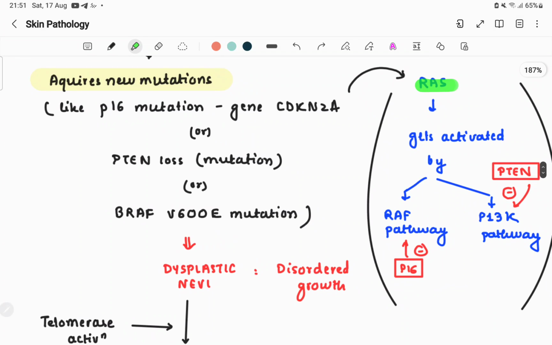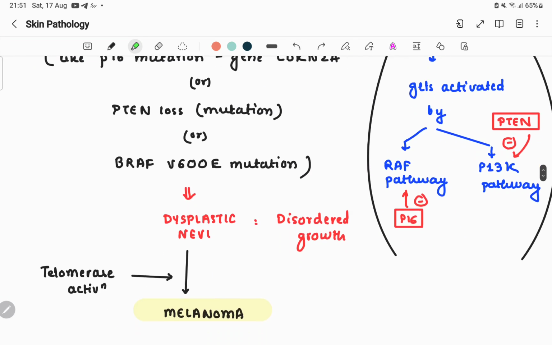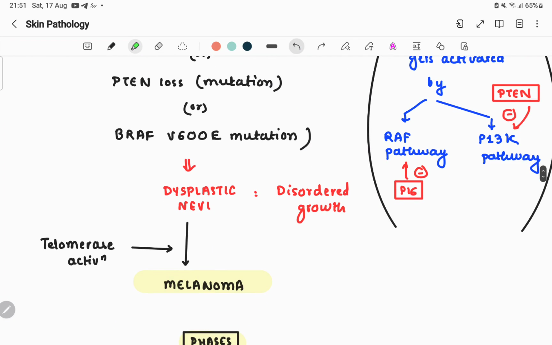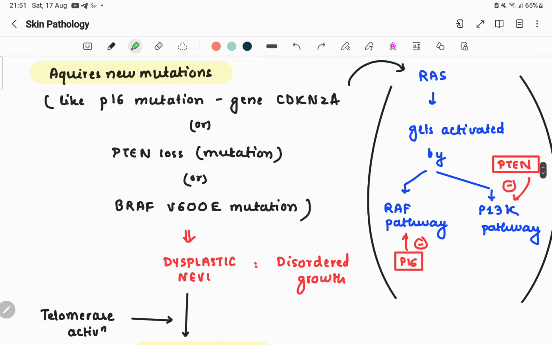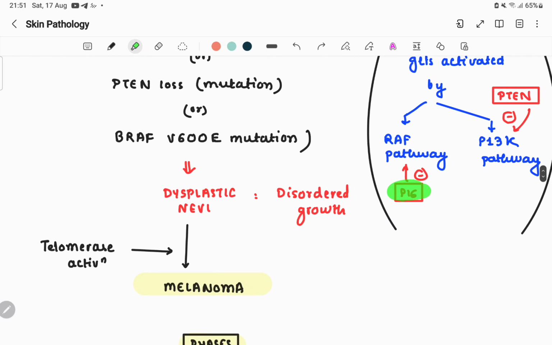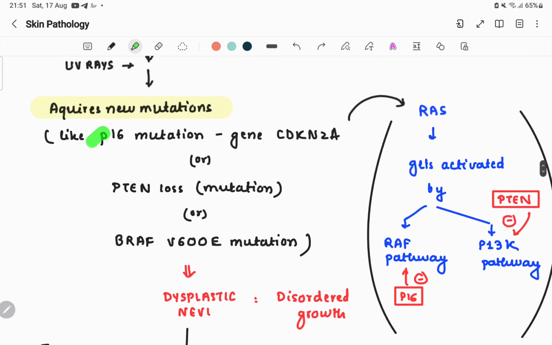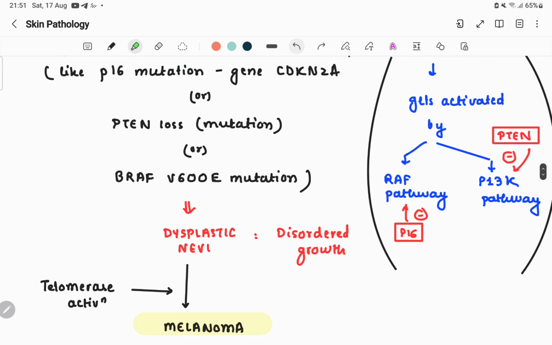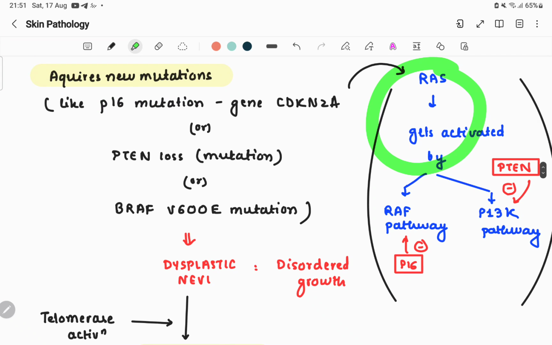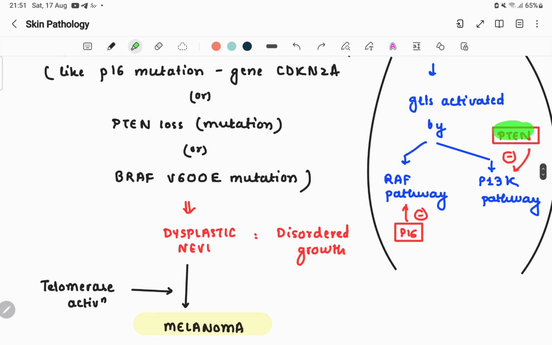this RAS will get activated by the RAF pathway or the PI3K pathway. This RAS is getting activated. And this P16 was actually inhibiting the RAF pathway, due to which the RAS gets inactivated. And PTEN was inhibiting the PI3K pathway.